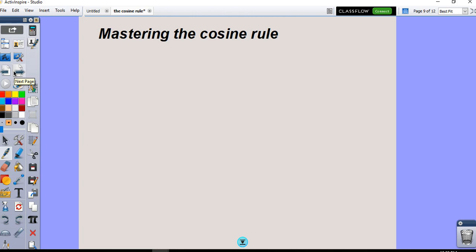Now we have to master the cosine rule, because it comes in different forms. Our form was a squared equals b squared plus c squared minus 2bc cosine capital A, because that's the angle it represents.